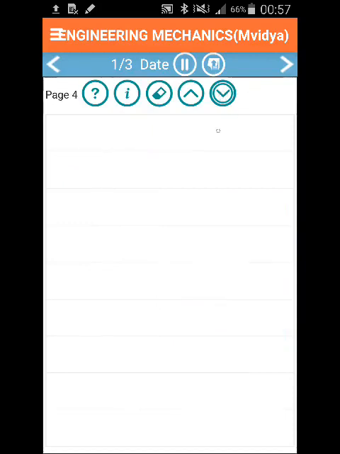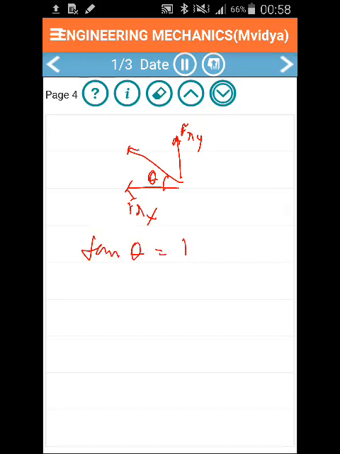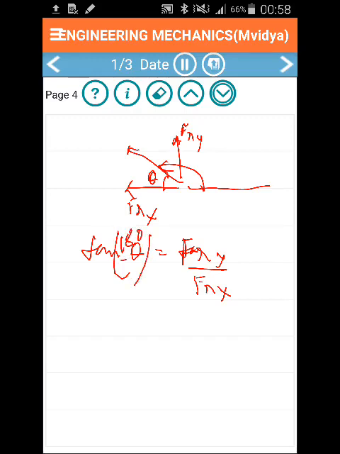If my x component is negative but my y component is positive, so this will be my θ, that is my tan inverse of FRy upon FRx. But in actual I want this value, so it will be 180 minus θ. So the angle is 180 minus tan inverse of FRy upon FRx.